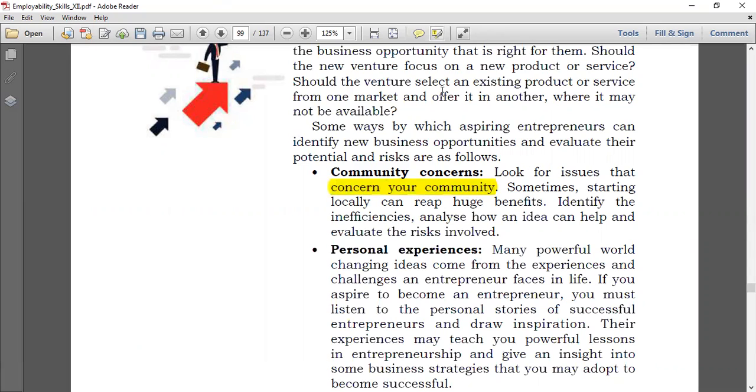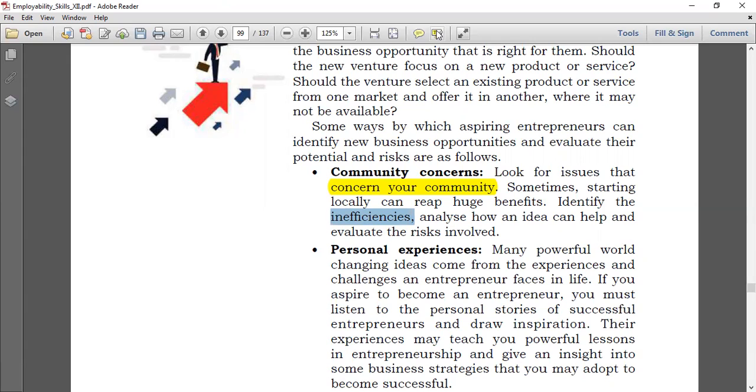So all the issues which are concerned to the community right now, we should look over those things. Sometimes starting locally can give you huge benefits, right? So identify the inefficiencies which are there, and analyze how an idea can help and evaluate the risk involved, right?